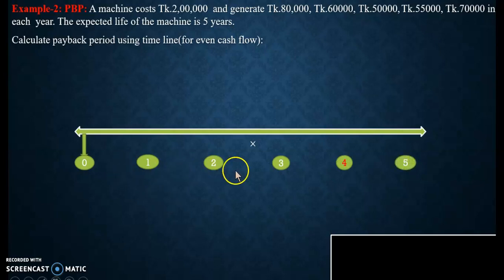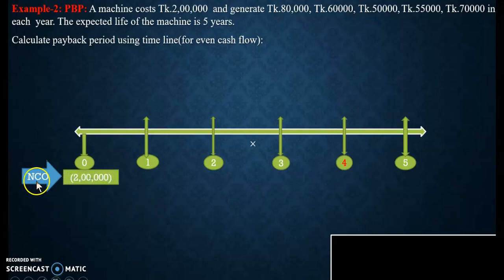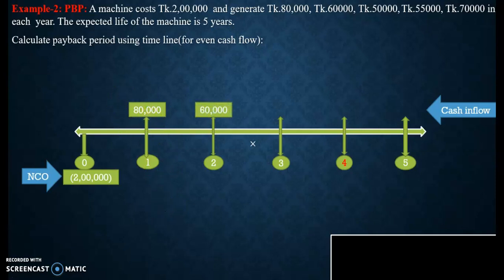That means the project lifetime is 5 years. NCO is also taka 2 lakhs. That means the initial investment is taka 2 lakhs. And cash inflows are generated: first year taka 80,000, second year taka 60,000, third year taka 50,000, fourth year taka 55,000, and fifth year taka 70,000.